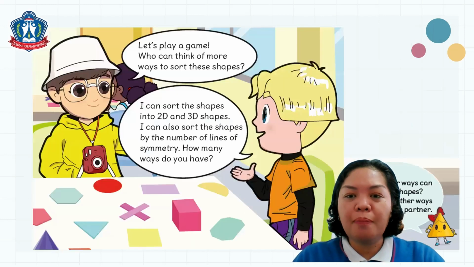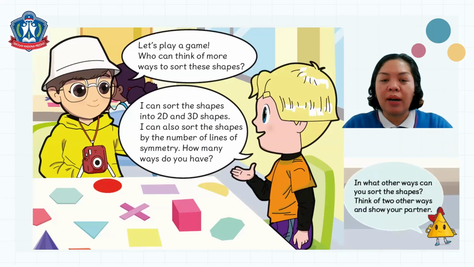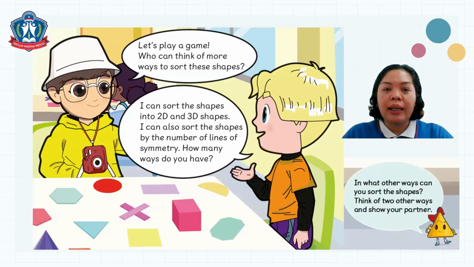Take a look here. I have 2 children. They are talking about different shapes. They have a game. They are going to sort or group the objects or the shapes. How are they going to group them? One boy said that he can sort them into 2D and 3D shapes. So how do they know if a shape is 2D or 3D?